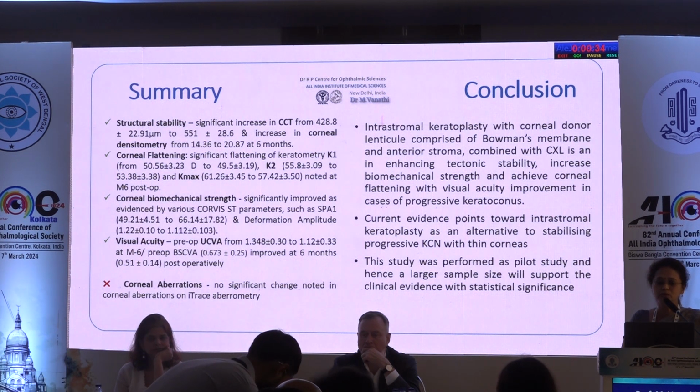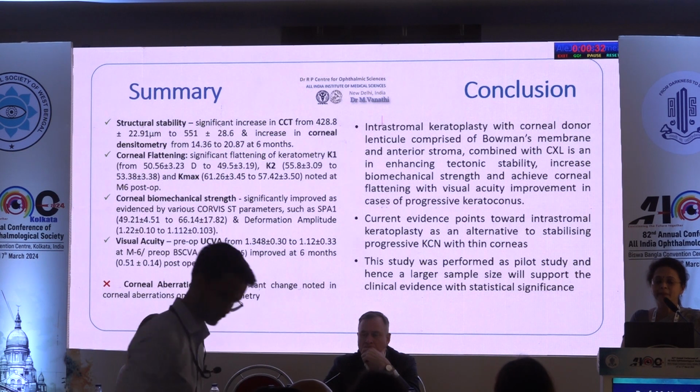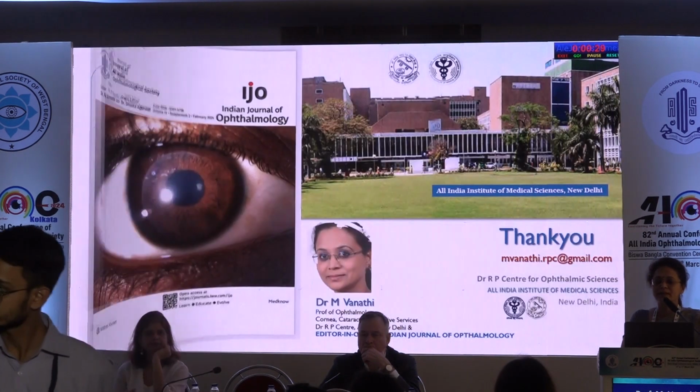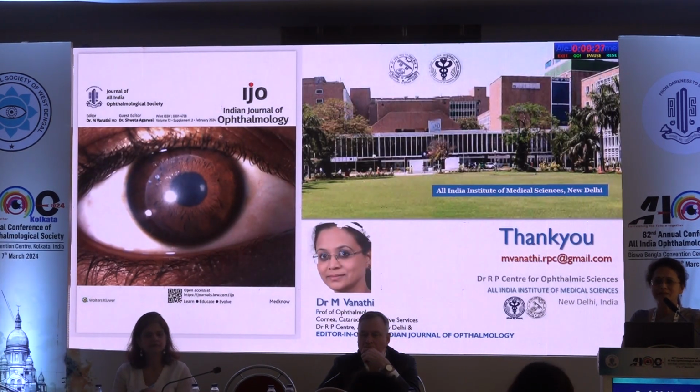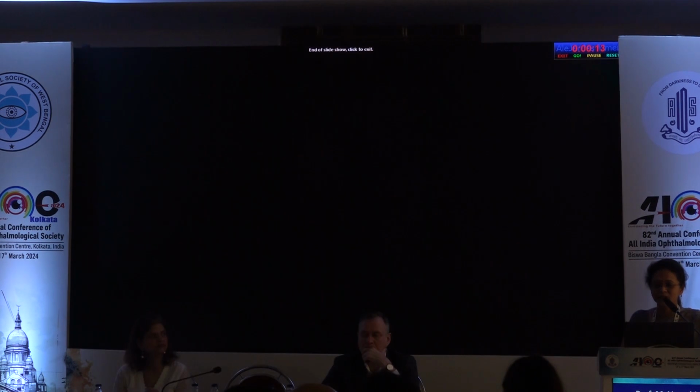Visual acuity also showed a significant change, but I didn't find a significant change in the corneal aberration. So currently probably it just is an alternative to those cases of progressive keratoconus where the cornea is too thin here and it's not amenable to the conventional protocols, and you can probably use it as an alternative and combine it with collagen cross-linking. I'll stop here and thank you for your patient listening.